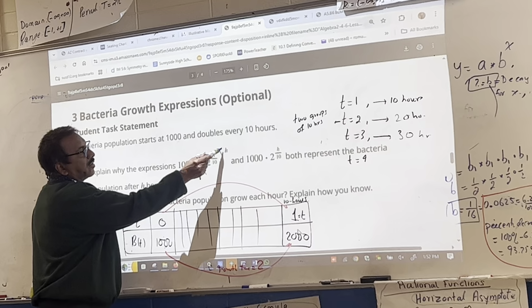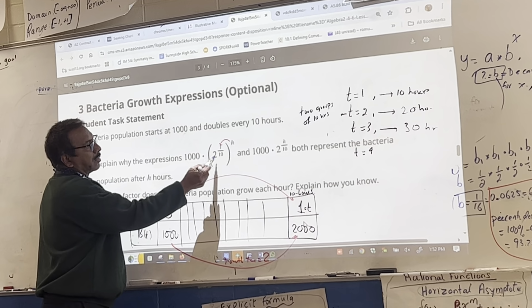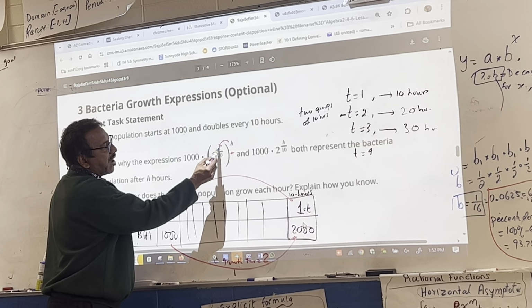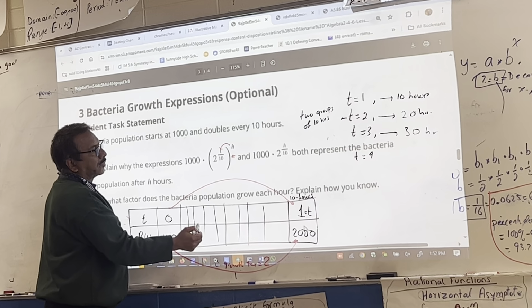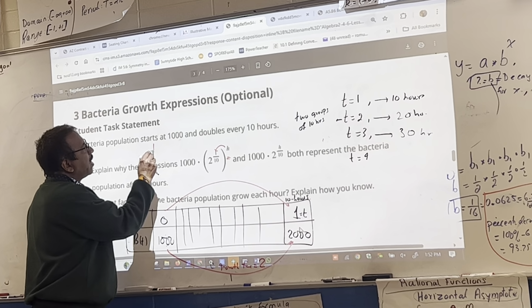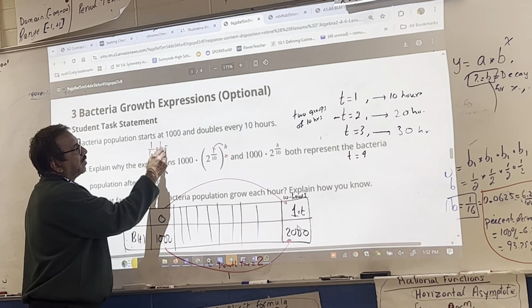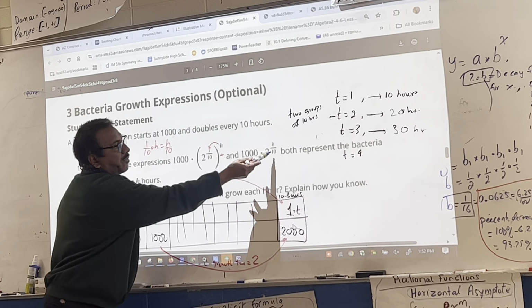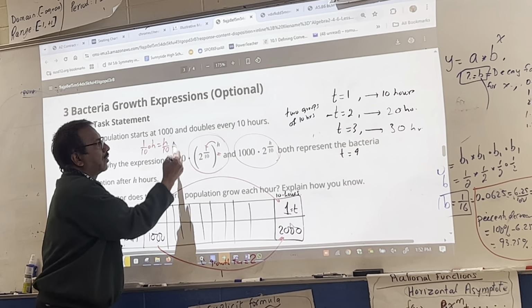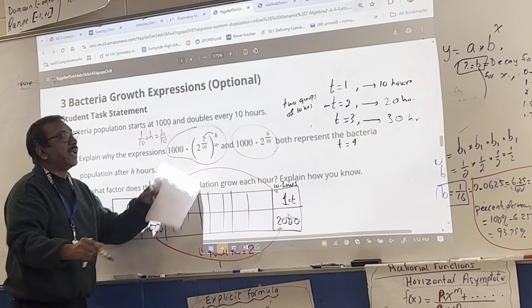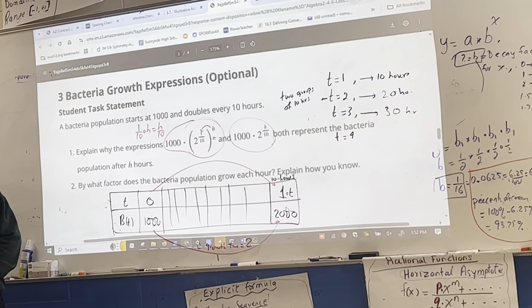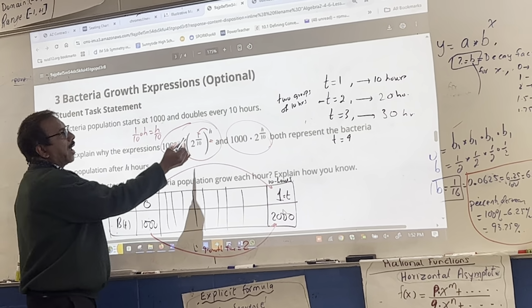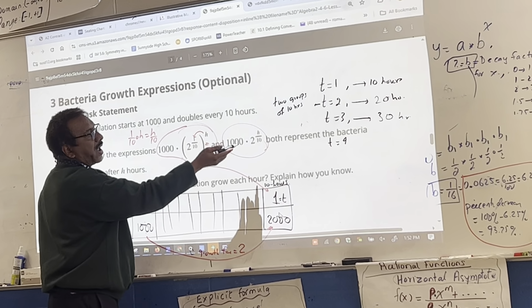If I multiply h by 1/10, what do you get? 1/10 of h, what is this answer? Is it not h over 10? Is it not the same thing? Yes or no? So they are the same thing, because when you multiply h by 1/10, it is h over 10.